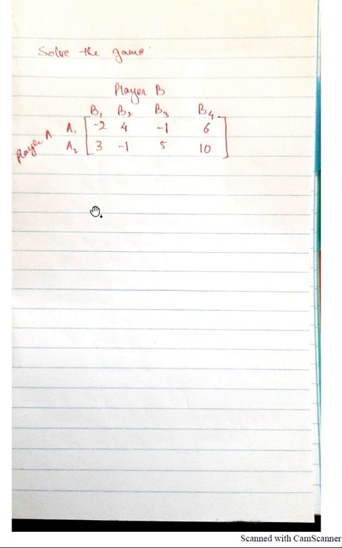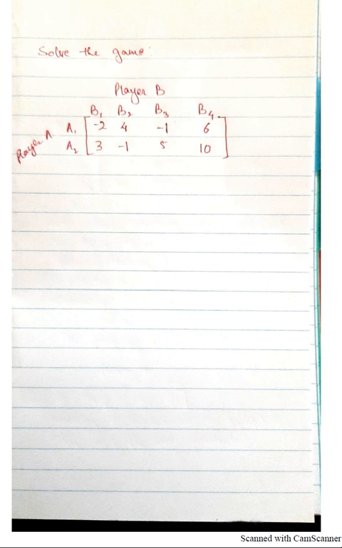For this example here, after elimination of all the possible strategies, you will remain with a 2 by 2 matrix which you cannot solve further. Then what will you do after that? Since you are remaining with a 2 by 2 matrix that you cannot solve further using the dominant strategy and it doesn't have any saddle point, you will solve it using mixed strategies after using the dominant strategy.